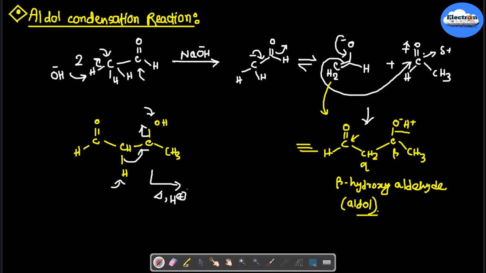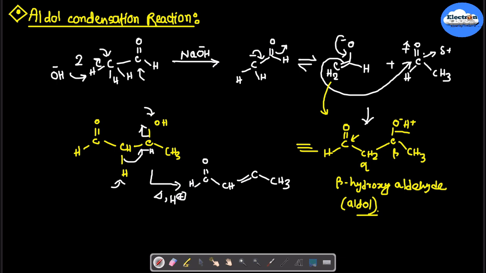So the double bond forms, giving HC=O, CH=C and CH3. Okay, now here one hydrogen should be present.